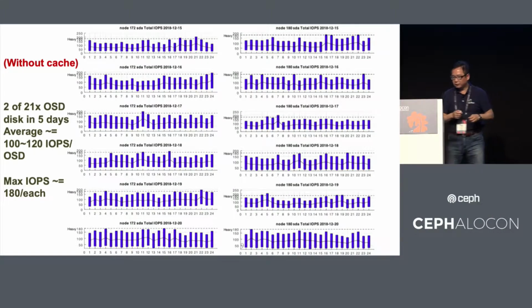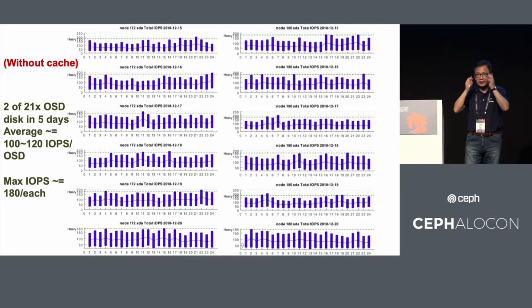From this graph, which we just showed here, we can see that two of the 21 OSD disks, in a 5-day average, always stay above 100 IOPS all the time. And the maximum IOPS on each disk is 180. So that's already very clear that the OSDs are overloaded.